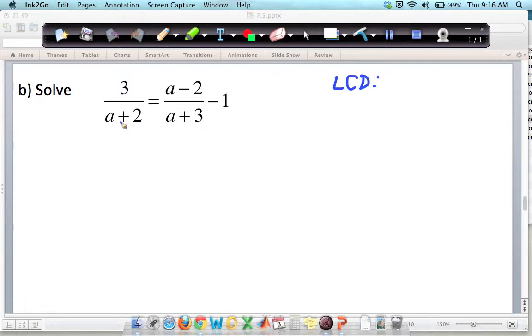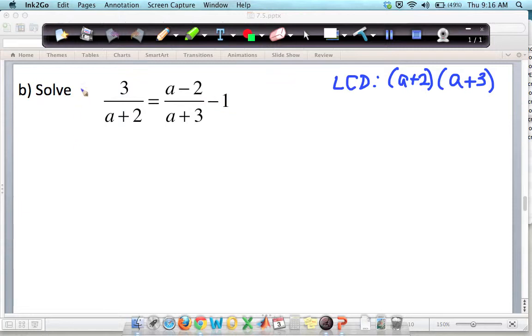There's the number 1 in front, but there's no other number. There's no variable by itself. So I just have my two factors of a plus 2 and a plus 3. So that's my LCD. So I need to multiply all three terms by that LCD over 1.